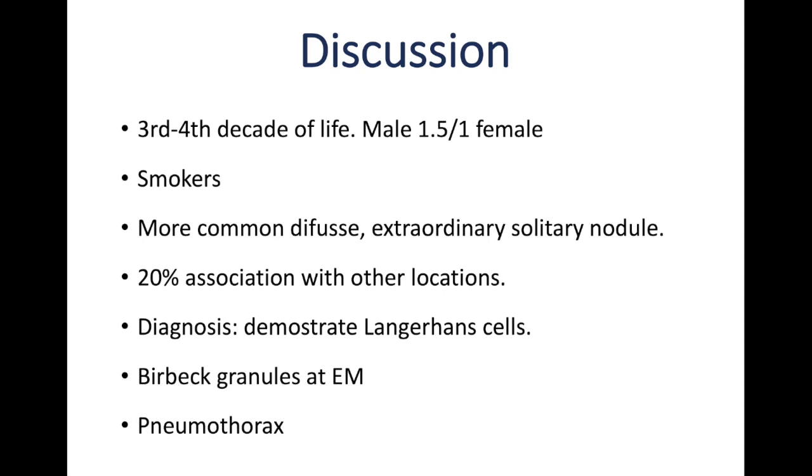Langerhans cell histiocytosis is more frequent in the third to fourth decade of life. It's a bit more frequent in males than females. Smoking is really characteristic; most of the patients are smokers. More commonly it is diffuse, and it is extraordinarily rare as a solitary nodule. 20% is associated with disease in other locations.